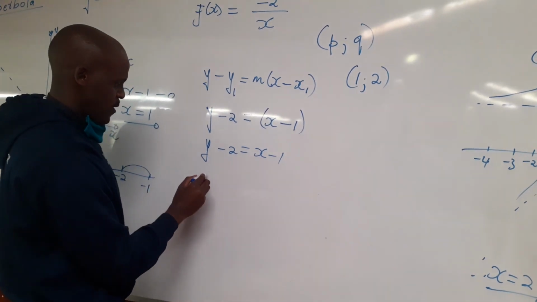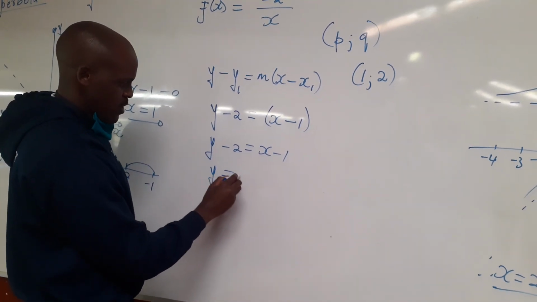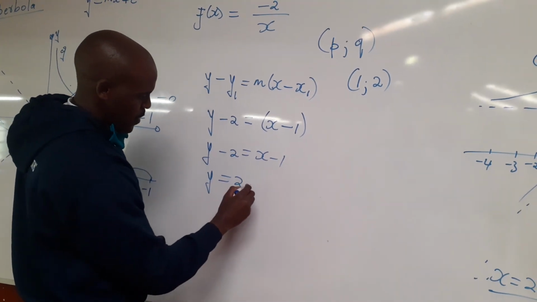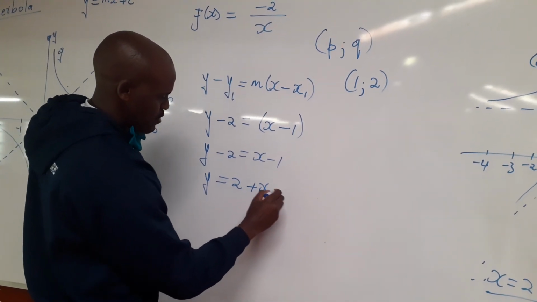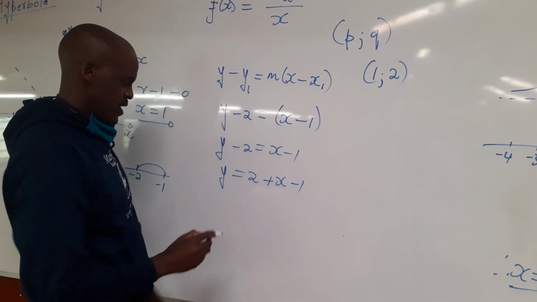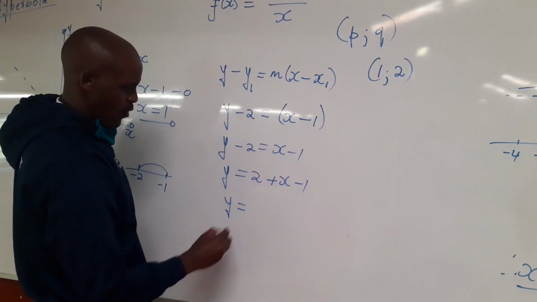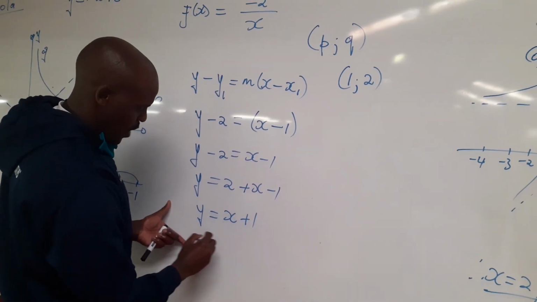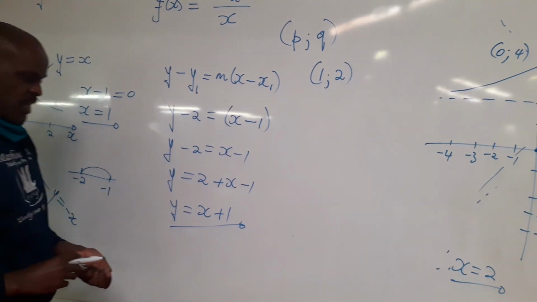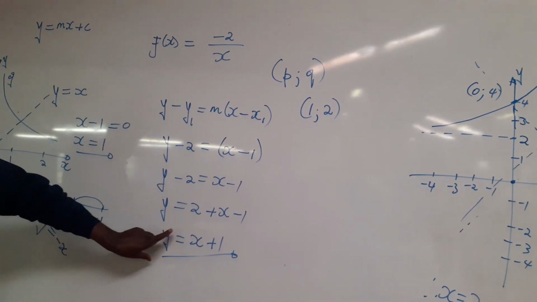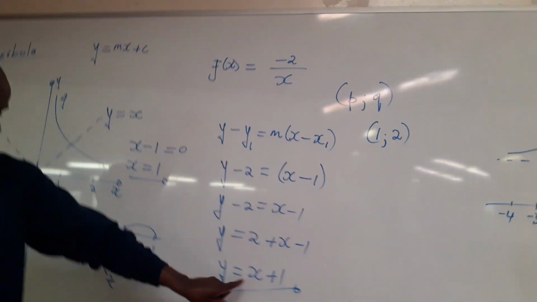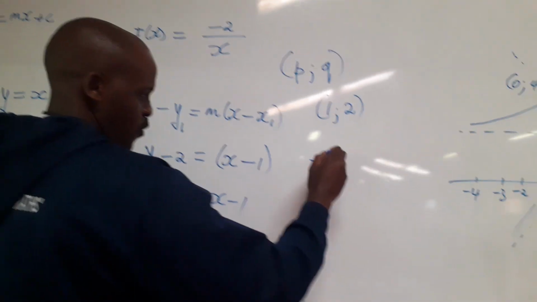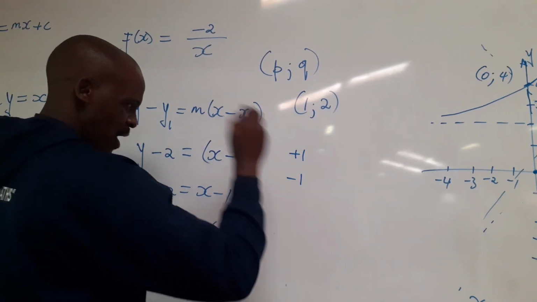We transpose 2, y will be equal to 2 plus x minus 1, and then we add the like terms. Therefore, our equation will be given by y equals x plus 1. That's the equation for the axis of symmetry for a positive gradient. Our gradient can be either positive 1 or negative 1.